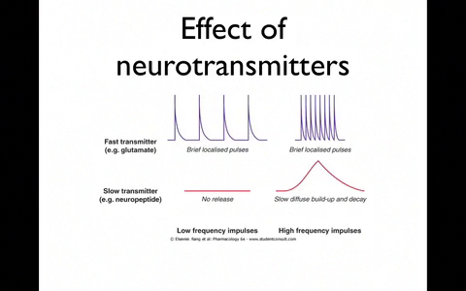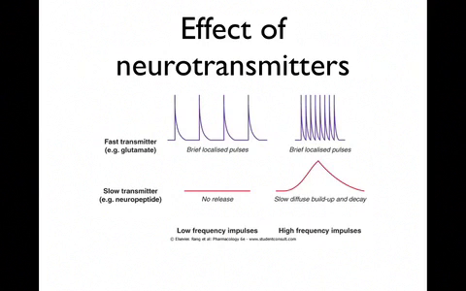When you increase the frequency, you get an increased buildup of calcium, and that finally reaches the vesicles of neurotransmitter, and therefore you get this slow, diffuse buildup until they reach the synaptic membrane, and then once the action potential stops, you get a slow decay as well.